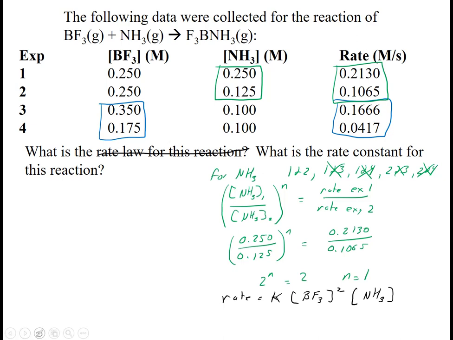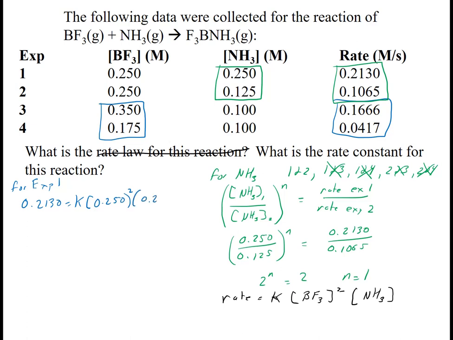So to find k, for experiment 1, I use the rate, plugging into this equation. So 0.2130 is k times the concentration of BF3, which is 0.250 squared. I'm using this equation, except I'm just putting in numbers.